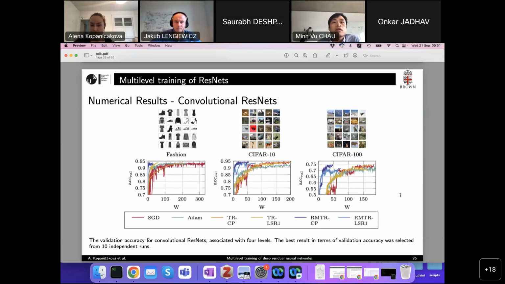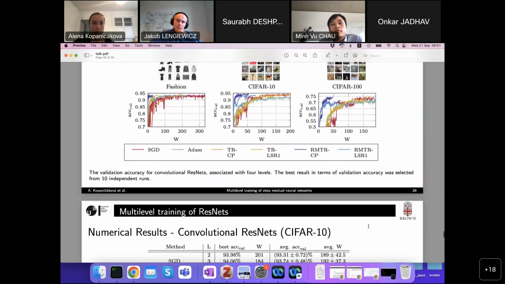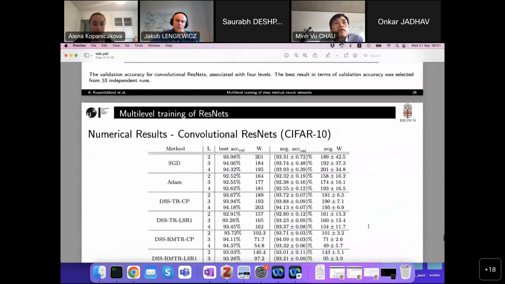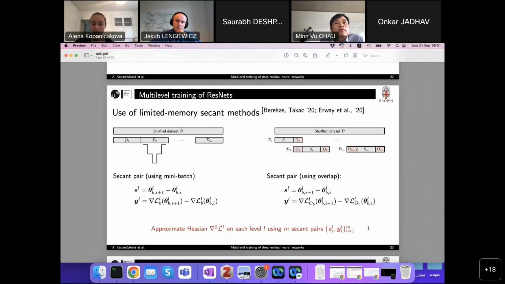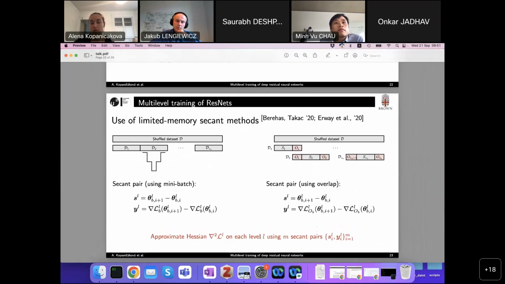No, computational cost will be higher. Definitely higher per iteration. You can make it almost negligible, but it's definitely going to be higher. Maybe I have one slide which I actually skipped. Typically these Hessian approximations are computed by using this memory of secant pairs.